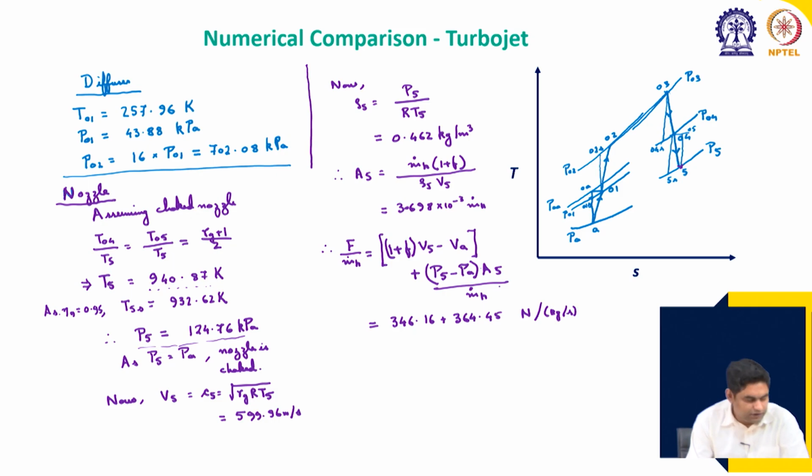We can also find the thrust specific fuel consumption, TSFC. This is equal to f times m dot h divided by F. F we have already calculated, 0.0250, divided by F by m dot h, which is the total, 710.61 Newton per kg per second.